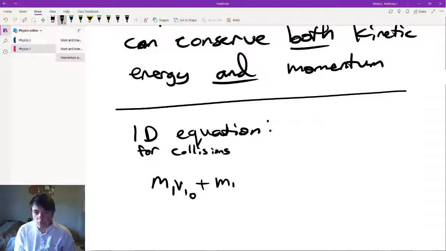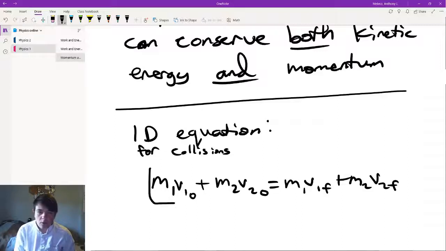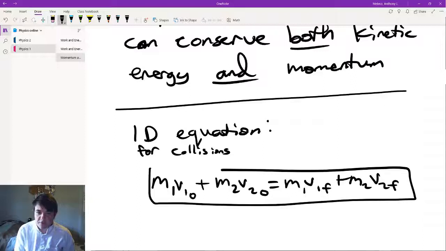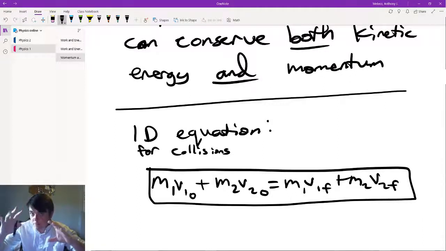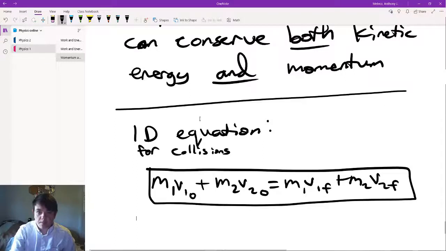Okay. So m2 v2 initial equals m1 v1 final plus m2 v2 final. So you have to have subscripts on everything because the masses might not be the same, right? You might have varying ball sizes, like a big ball, a small ball. And the velocities also can vary, okay?